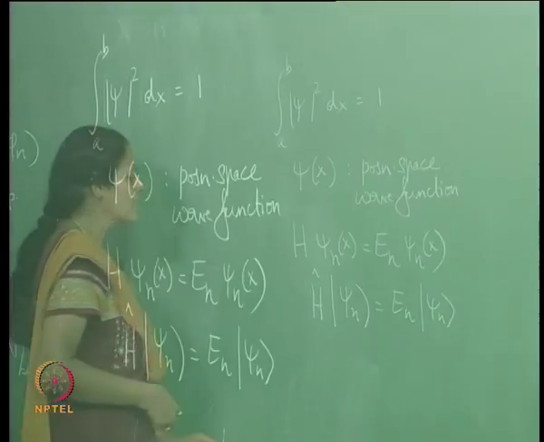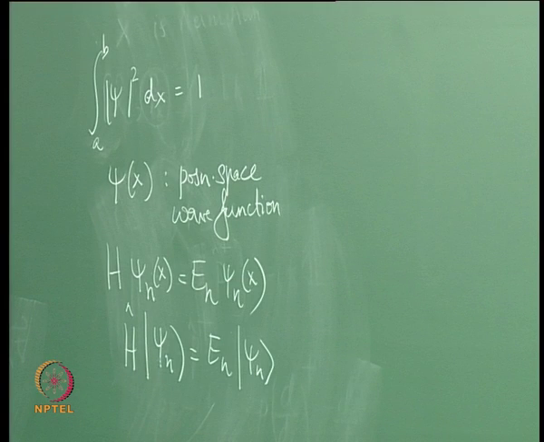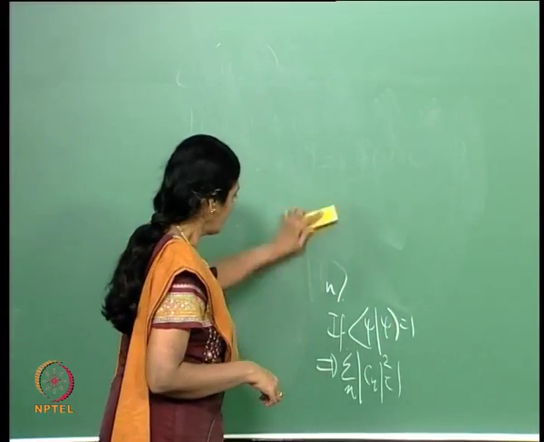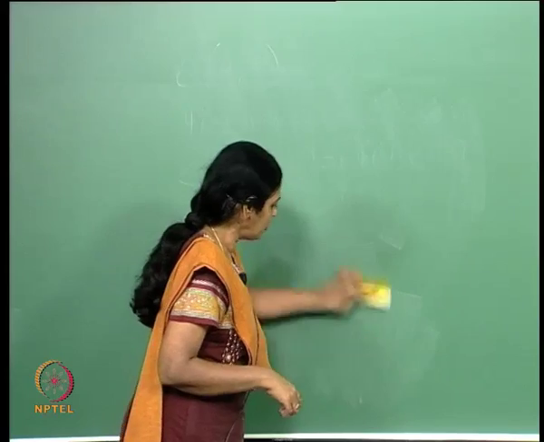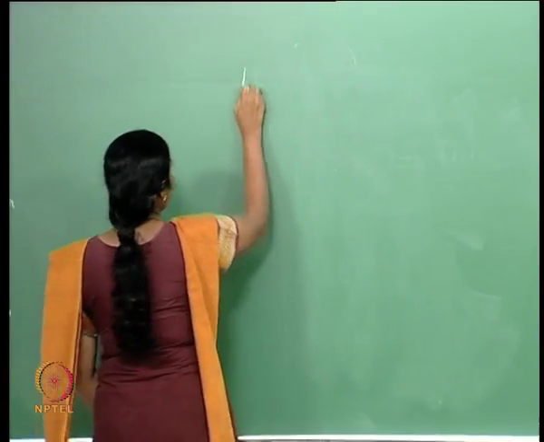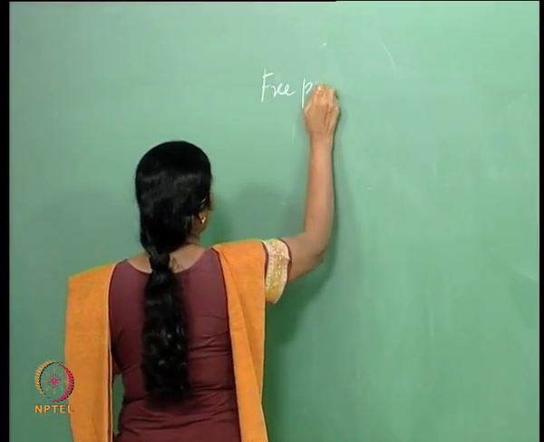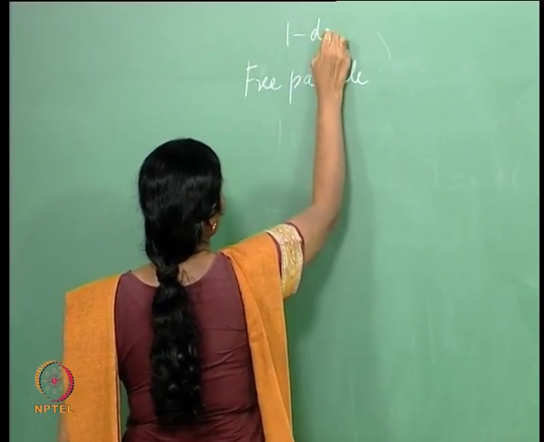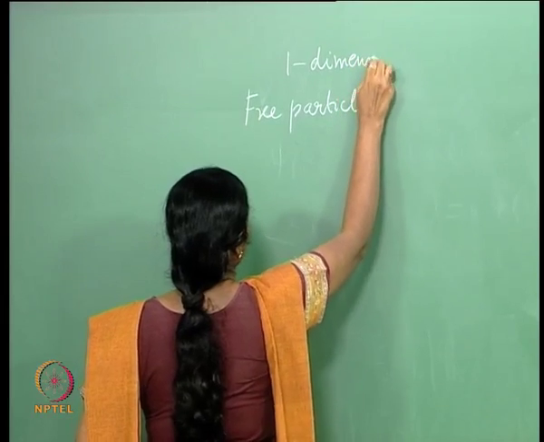So let us look at the simplest example. Let us look at a free particle. There is no potential, and therefore the Hamiltonian gets its contribution purely from the kinetic energy. So I consider a free particle. This is one dimension. We can always generalize it.